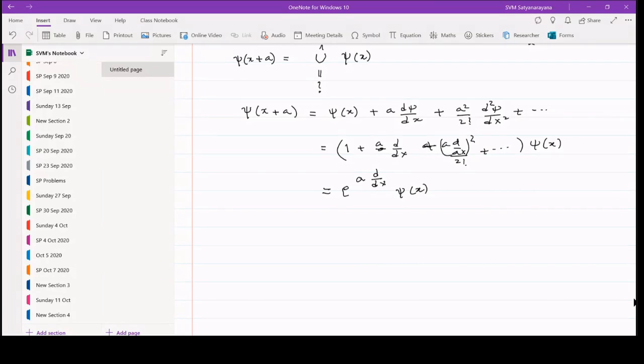But we know that your momentum operator in one dimension can be written as minus i h cross d by dx. This is a Hermitian operator.